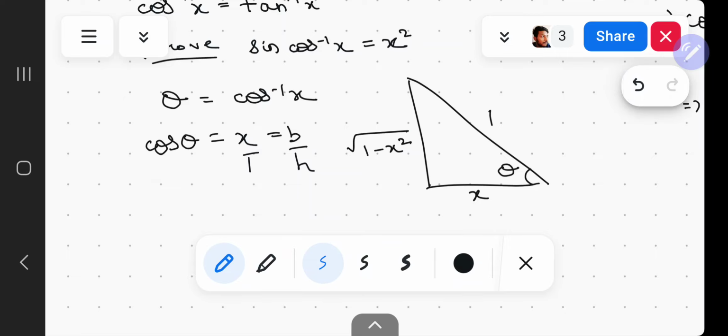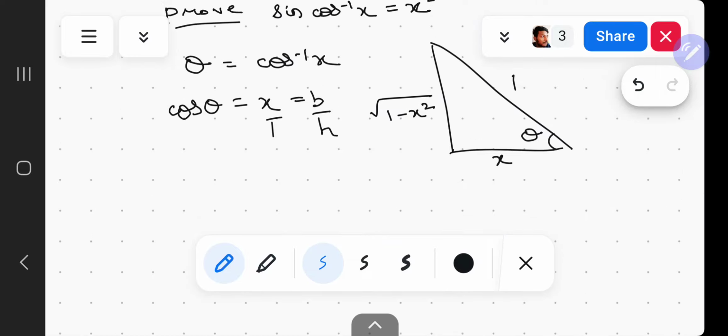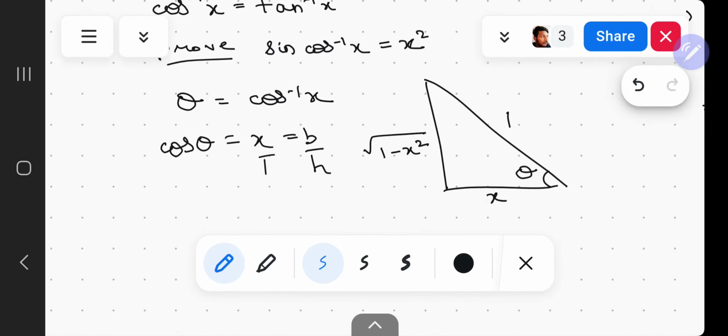This is the perpendicular. Now in the question it says that tan inverse x is equal to cos inverse x.